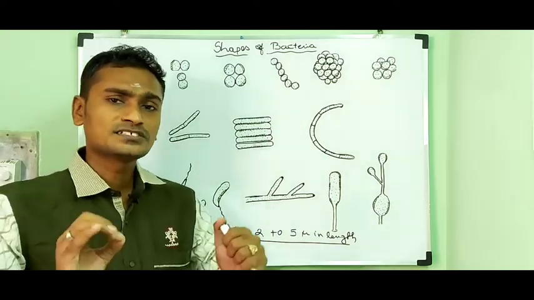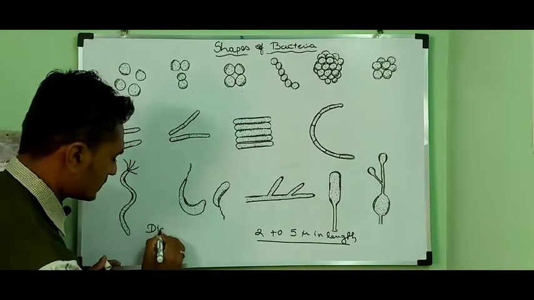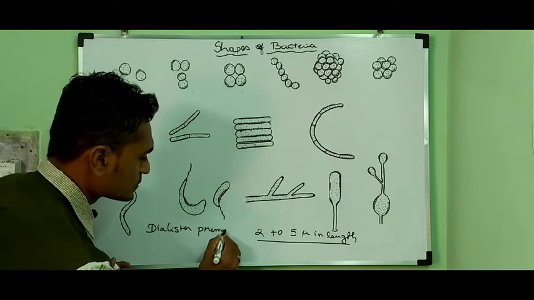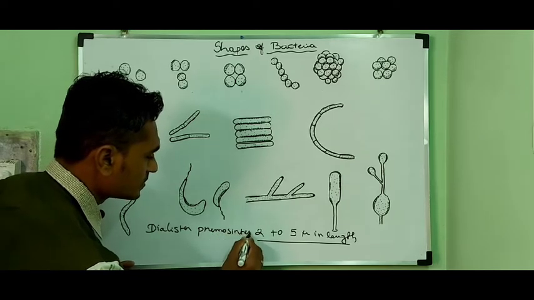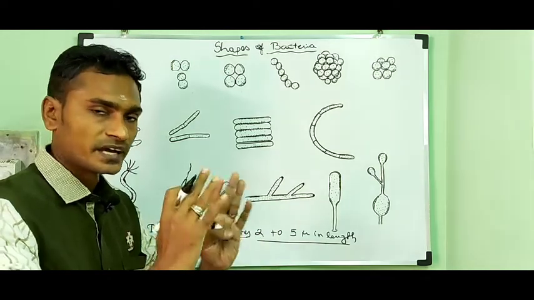Then the smallest known bacterium is called Dialister nemosynthis. So this is the known smallest bacterium.